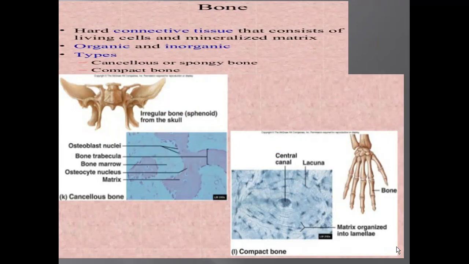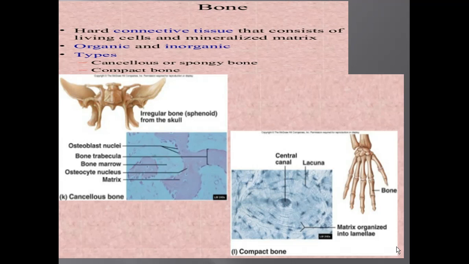Let's go to bone. It's a hard connective tissue and it consists of living cells and mineralized matrix. We say that bone is the storage for phosphate and calcium. Here I have cancellous bone and compact bone.